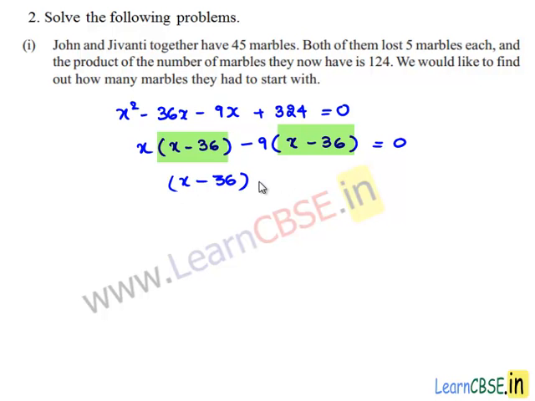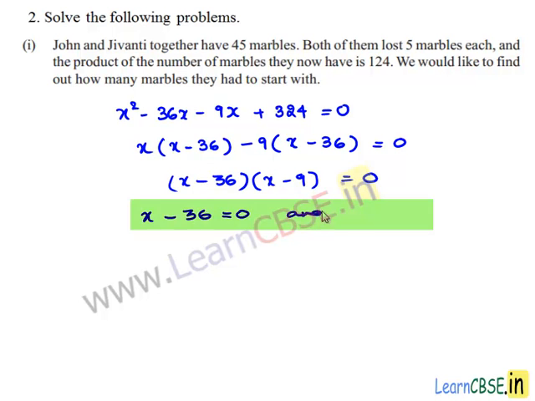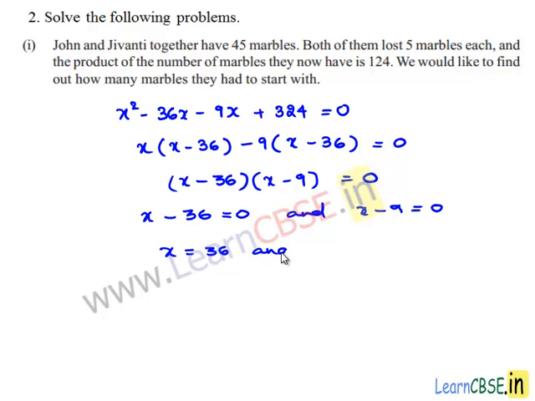The remaining terms will be x minus 9, which is equal to 0. This can be written as x minus 36 is equal to 0 and x minus 9 is equal to 0. So x is equal to 36 and x is equal to 9.